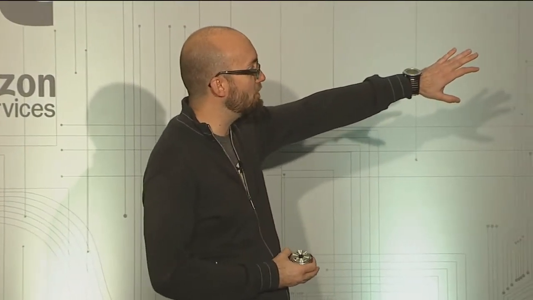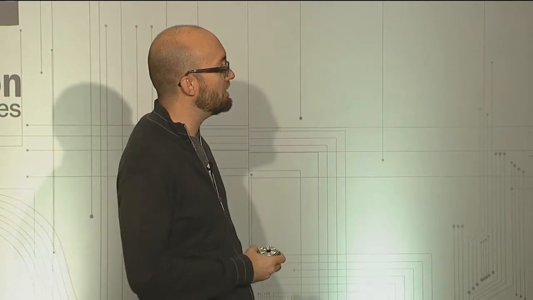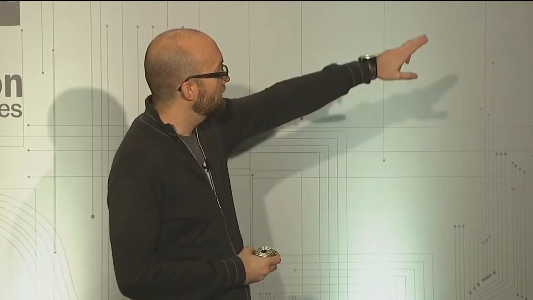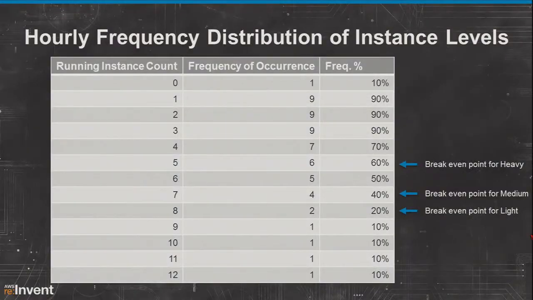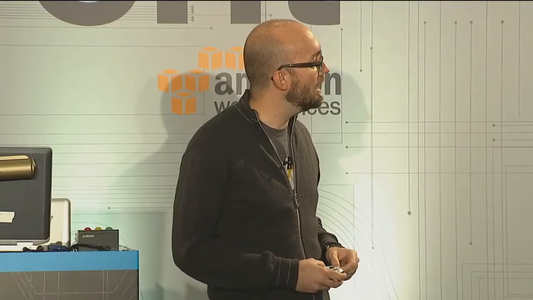So this is again oversimplified, but let's say 60% is the break-even point for a heavy. 5 instances met that criteria, so there would be 5 RIs purchased. Further down, you have 7 instances running at least 40% of the time, which is the break-even point for a medium. So you would buy 2 medium reserved instances, the 7 minus the 5 that you've already purchased for heavies.